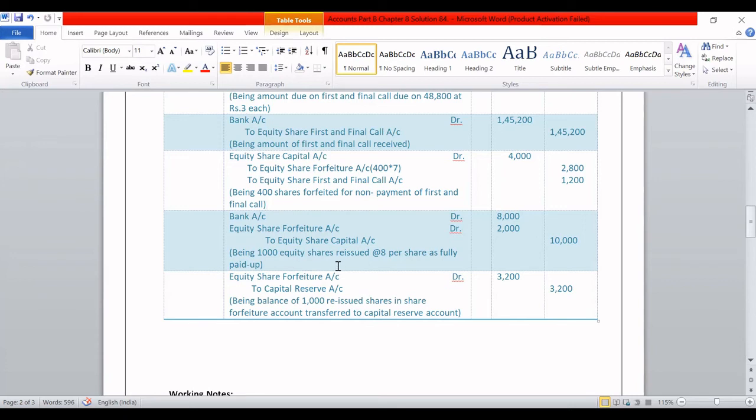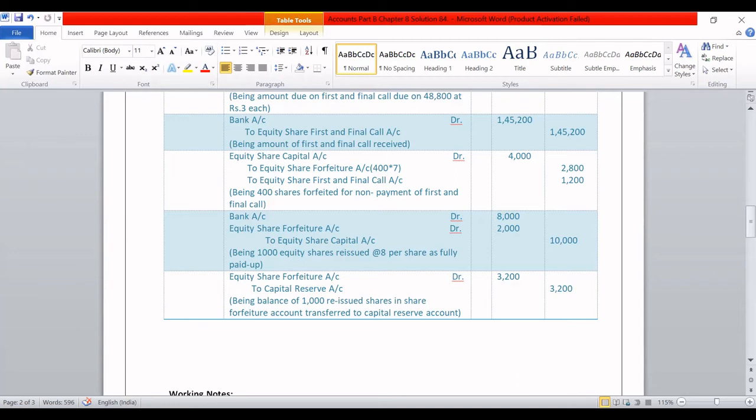So being 1,000 equity shares reissued at rupees 8 per share as fully paid. Next is equity share forfeiture account debit to capital reserve, being the balance of 1,000 reissued shares in the share forfeiture account transferred to capital reserve account.